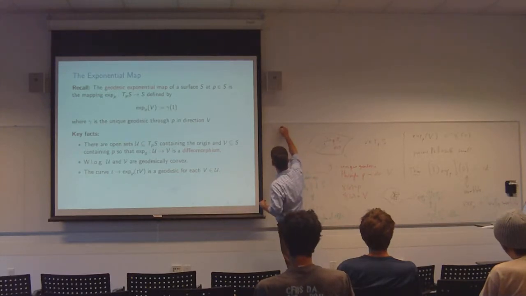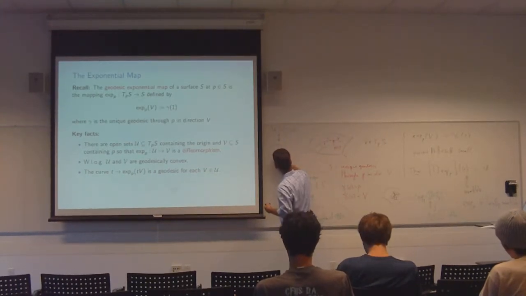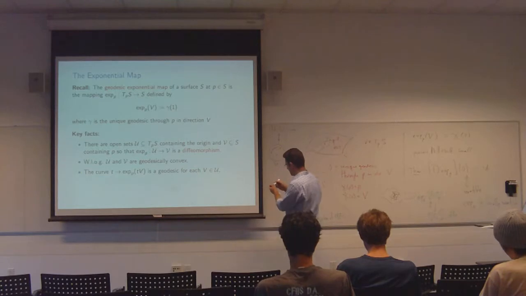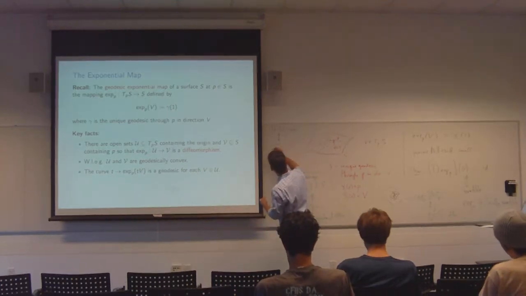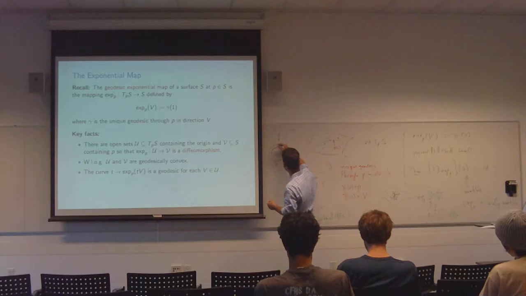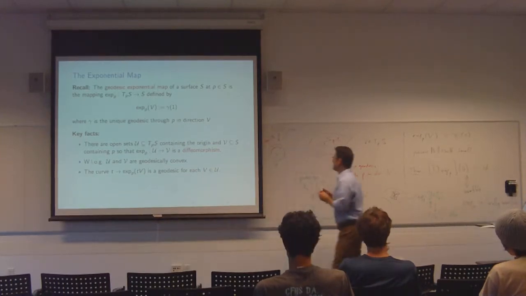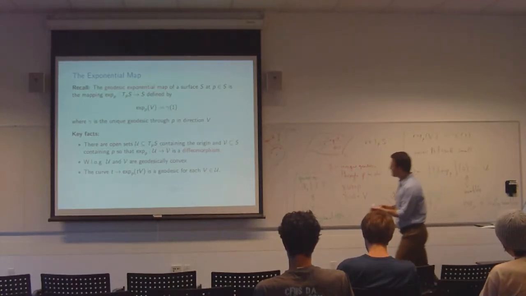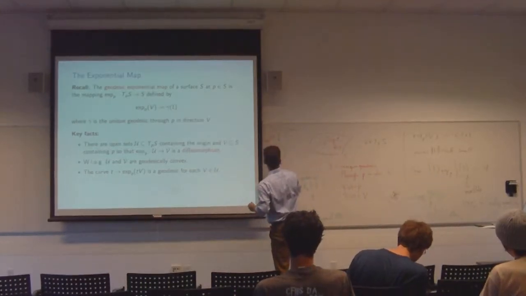Here's, let's say, U, and then here's the origin, right? Here's our point X, here's our point Y, and maybe the geodesic looks like this. Maybe I'll make it in red. The geodesic between X and Y stays in the ball. So this is a fact about these U and V. They're geodesically convex.